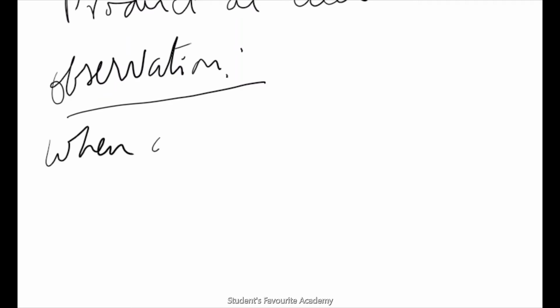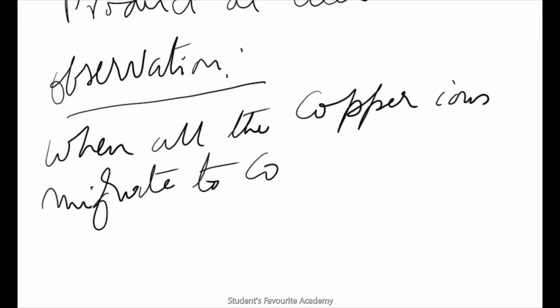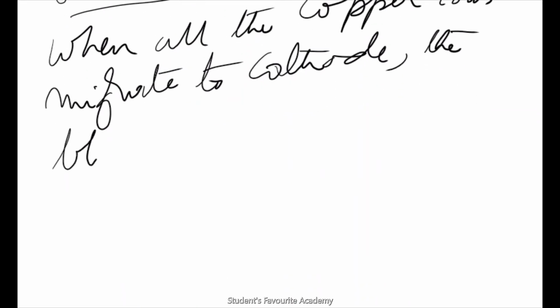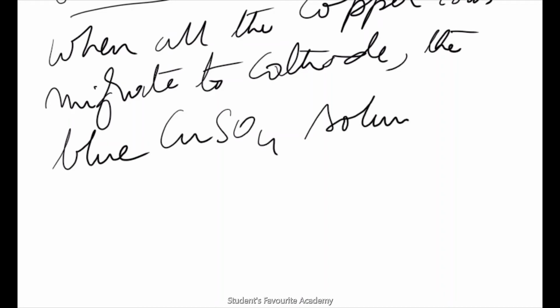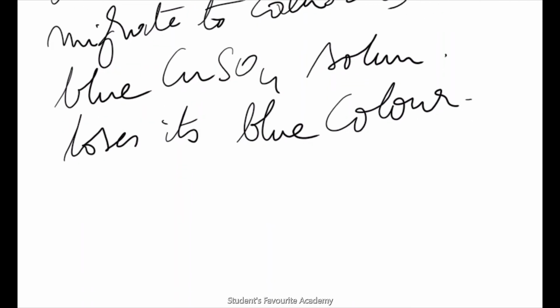So when all the copper ions migrate to the cathode, the blue copper sulfate solution loses its blue color. Why?